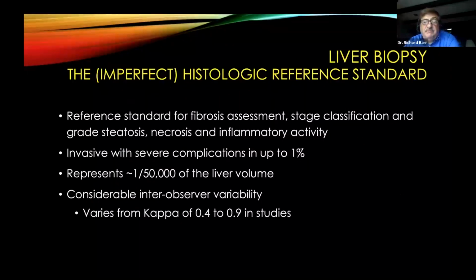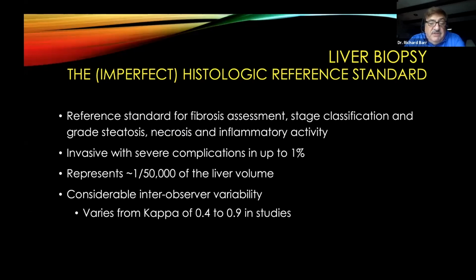as this is of utmost importance. And we know that liver biopsy has been used in the past as the reference standard, but it's really a very inaccurate method. It is the reference standard for fibrosis assessment, but it also stages classification and grading steatosis, necrosis, and inflammatory activity, which we cannot yet do with ultrasound, although I think that will be coming in the next year or two.